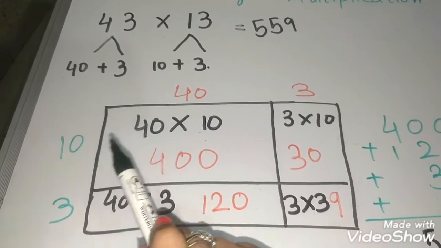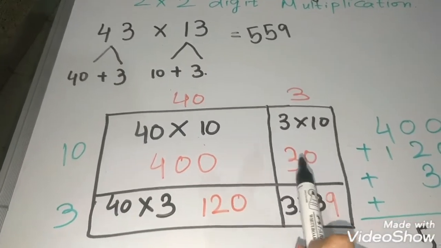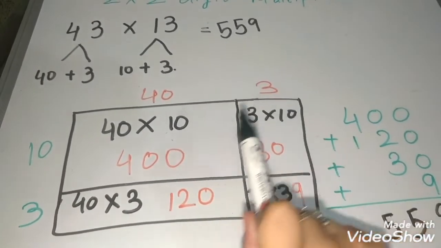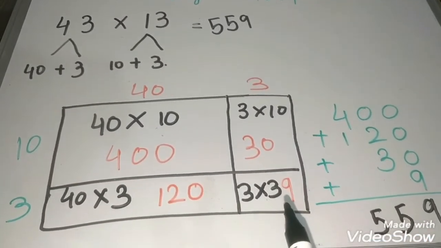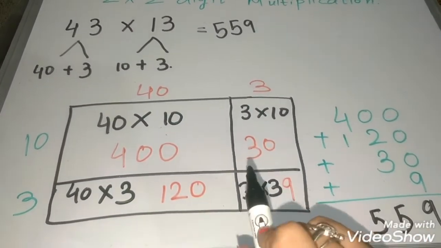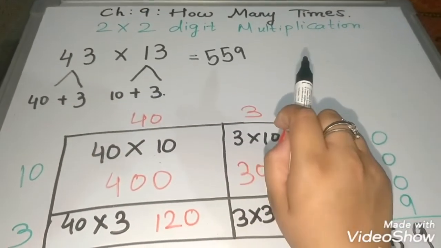So 40 times 10 is equal to 400. 3 times 10 is equal to 30. 40 times 3 is equal to 120 and 3 times 3 is equal to 9. So I have made a table like this, and it is compulsory for all of you to make a table like this for 2 into 2 digit multiplication.